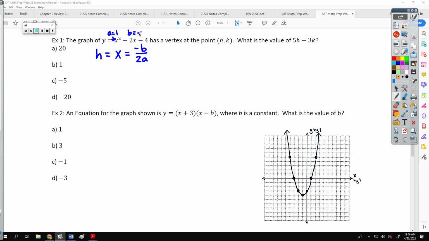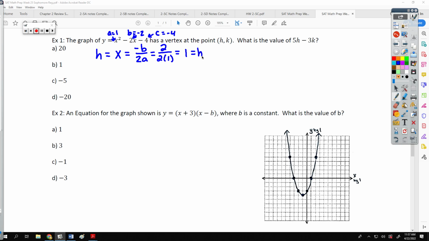B is the number in front of the x, and it doesn't ask for it, but remember that a, b, and c are these numbers in the equation. So when we do opposite of b over 2 times a, that would be positive 2 over 2 times 1, which means h is 1.